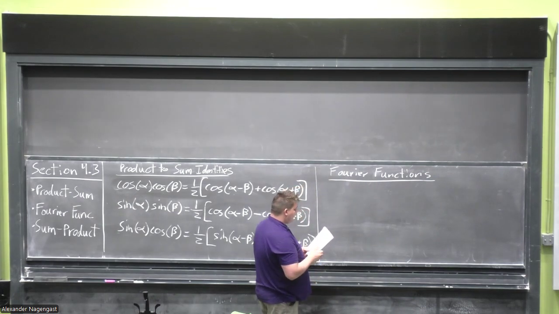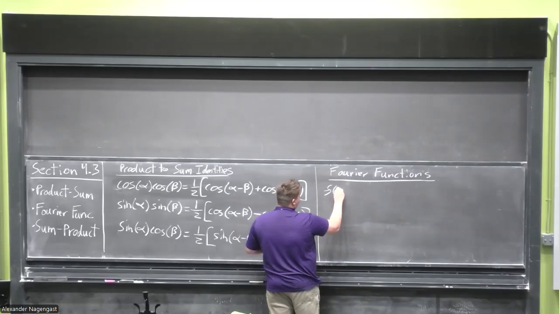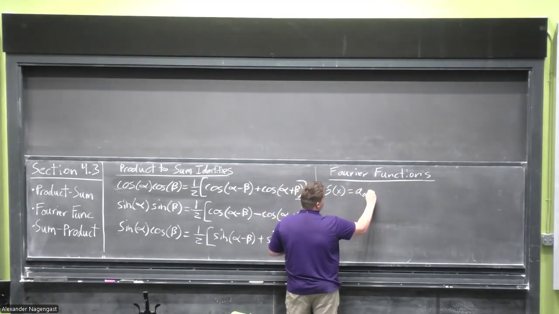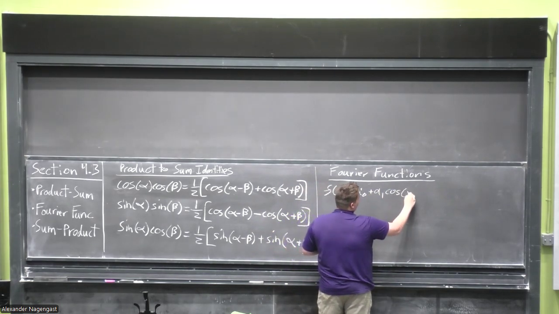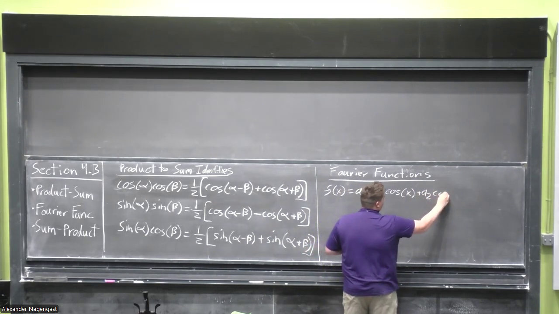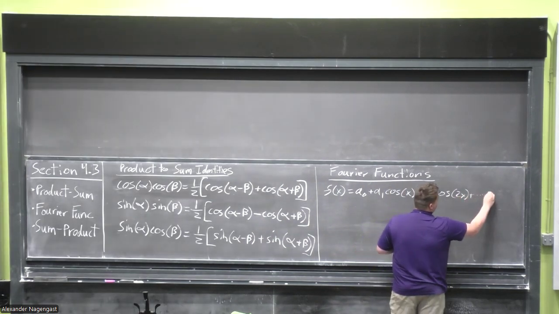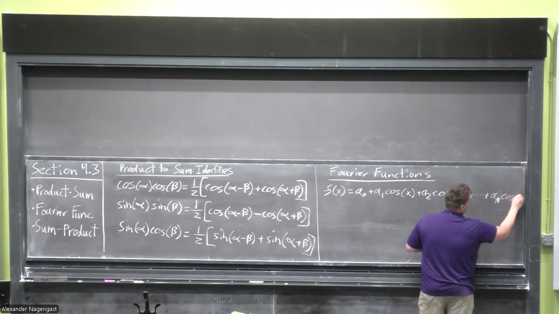So how we describe Fourier functions is a function f of x where we have a0 plus a1 times cosine of x plus a2 times cosine of 2x plus, and we'll continue this forward till we get to some integer n. I'm going to write capital N. And we have cosine of capital N x.